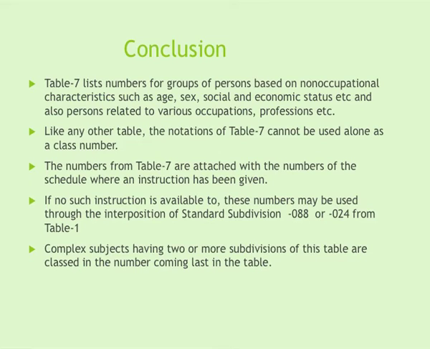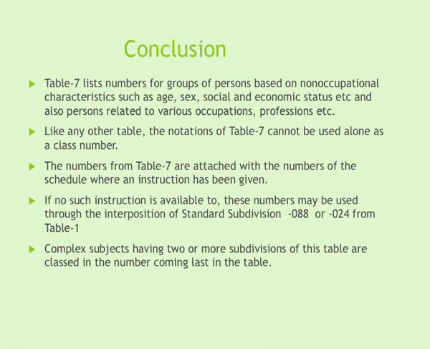Thirdly, these numbers of table 7 are attached to the basic subject number of the schedules. Firstly, when instruction is given, we attach the number of table 7 directly to the basic subject number of the schedule.